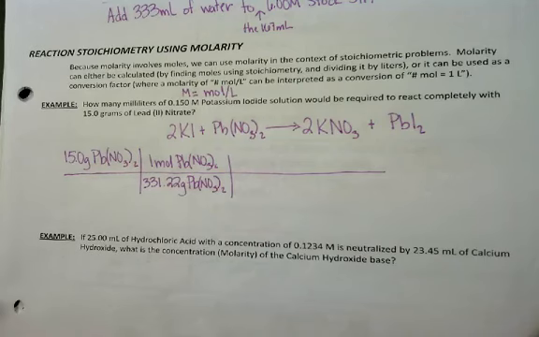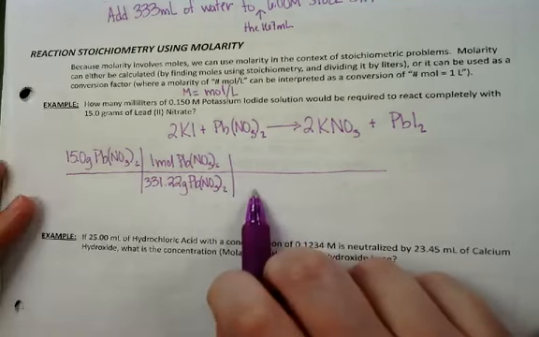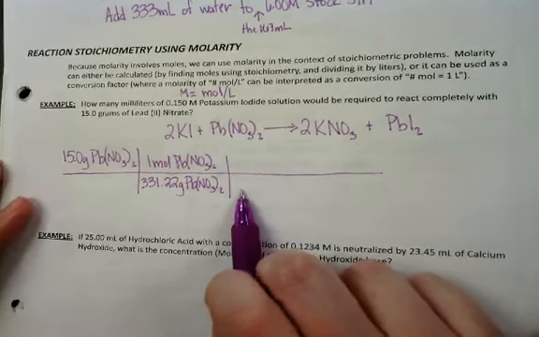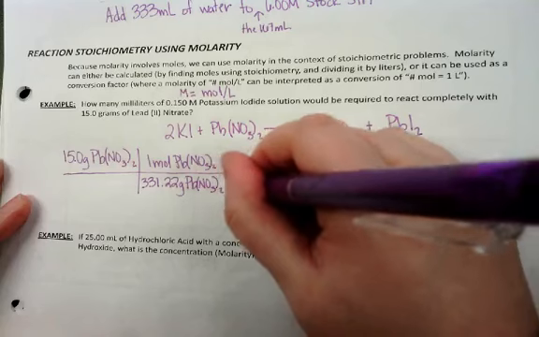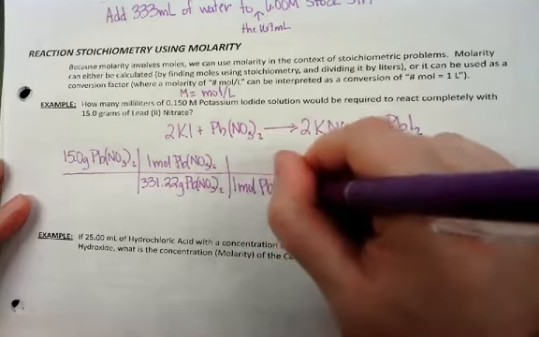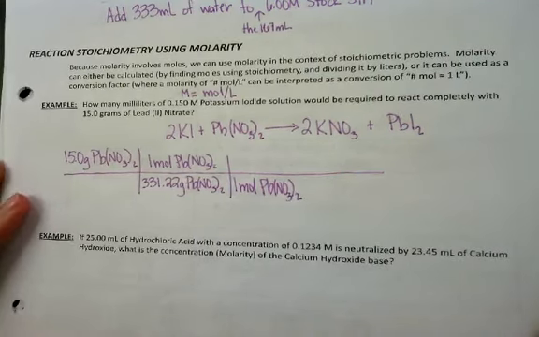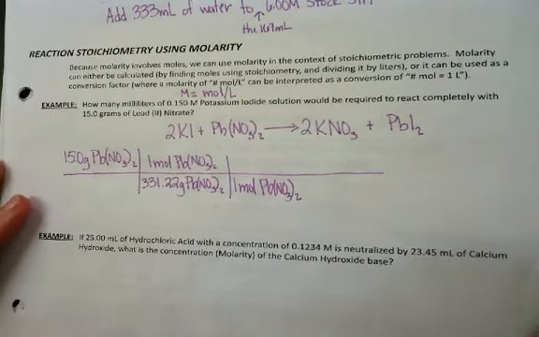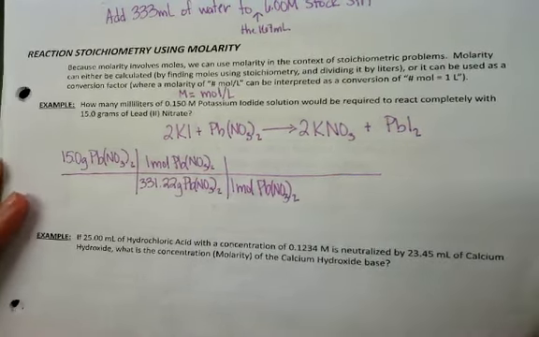Okay, what are we going to do after this? Yeah, we're going to do our mole ratio. So it's going to go on the bottom: 1 mole lead nitrate. And what's on top? Good, 2 mole KI.